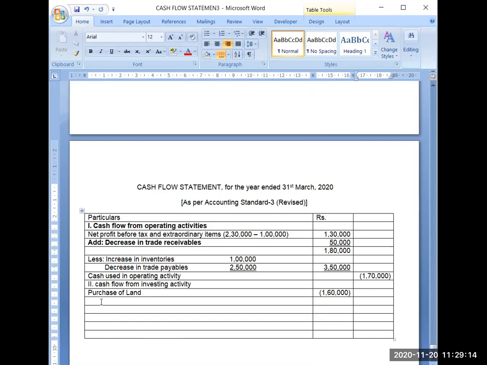So there will be no other information. That's why it will be also cash used in investing activity. And cash used in investing activity will be 1,60,000.